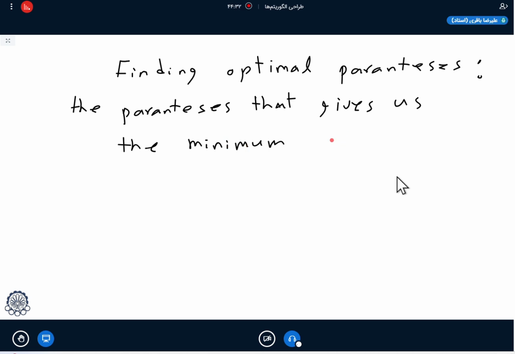By optimal parentheses, we mean the parentheses that give us the minimum number of multiplications.